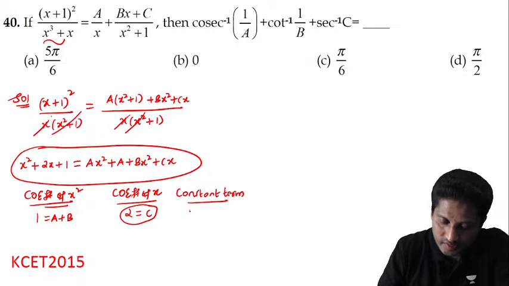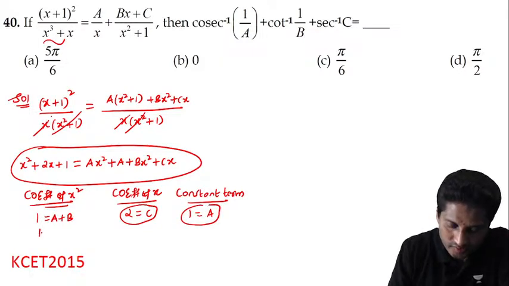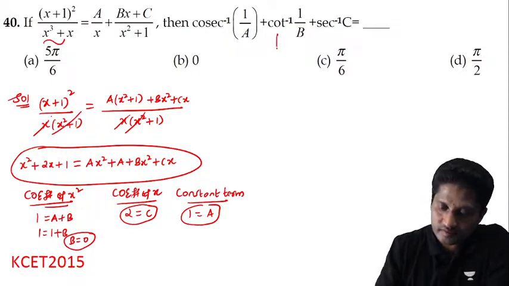If I equate the constant term, 1 is equal to a, so 1 is equal to a only, right? So if a is equal to 1, b will be 0. All these values I'll substitute here.